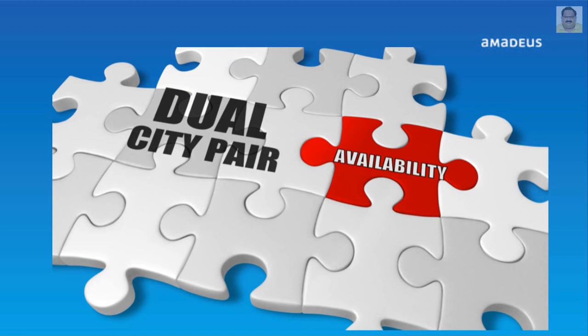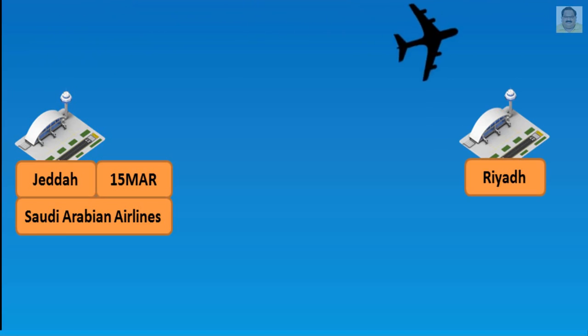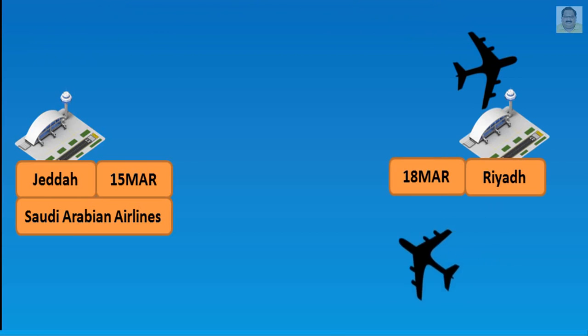You can request dual city pair availability in one entry. The system searches for any combination of non-stop, direct, or connecting flights for each half of the dual city routing. For example, departure from Jeddah to Riyadh by Saudi Arabian Airlines on March 15, and return also by Saudi Arabian Airlines from Riyadh to Jeddah on March 18.